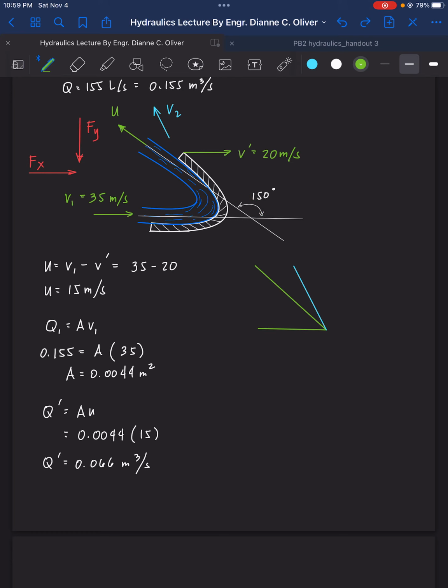The direction of the U. So 150 horizontal up to the inclination of U. So this now here is the 30 degrees. This is our 30 degrees. This is U of 15. This is the 35. So V1.